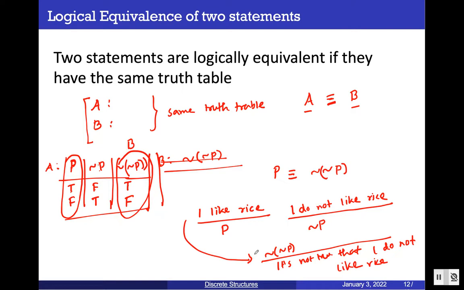This is just a more complex way to say it, and this is a simpler form of expressing the same meaning, but they are logically equivalent. Here the idea is the same. We can have different formats of statements, but if the truth table is the same, these two statements are known as logically equivalent.